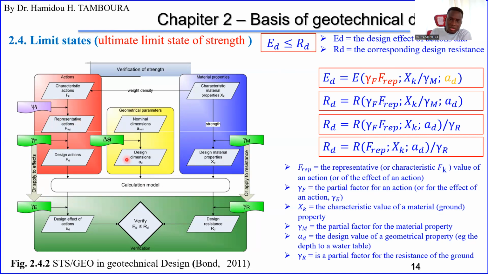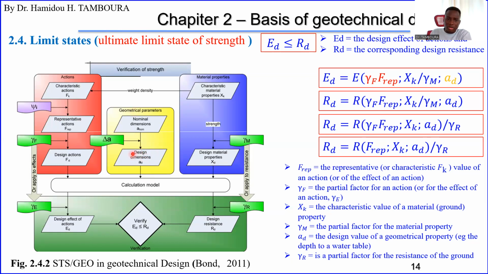And the last one, in yellow here in the middle, you have the geometrical parameter. You have the nominal dimension, a nominal. You multiply it by this margin value. This is like a safety factor.